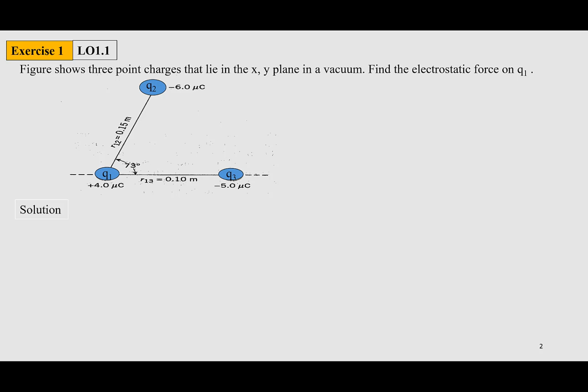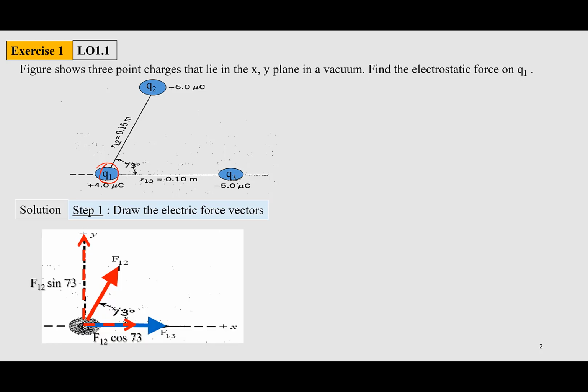First step we need to do is to draw the electric force vector. Okay, so now the reference charge is Q1, so we need to draw the electric force vector from Q1. We have another two charges here, Q2 and Q3.